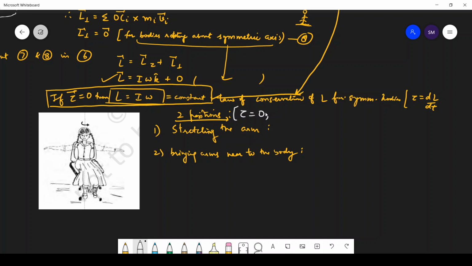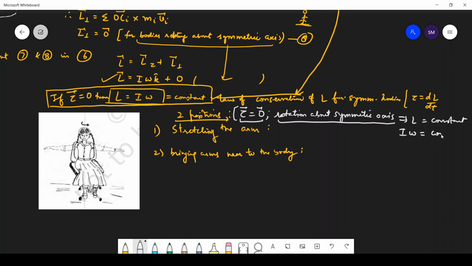So tau is equal to 0 here. The second condition is rotation about the symmetric axis. When you have these two things, it implies that angular momentum is constant, meaning I times omega is constant.